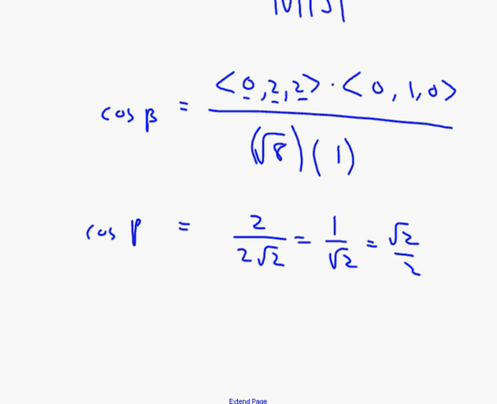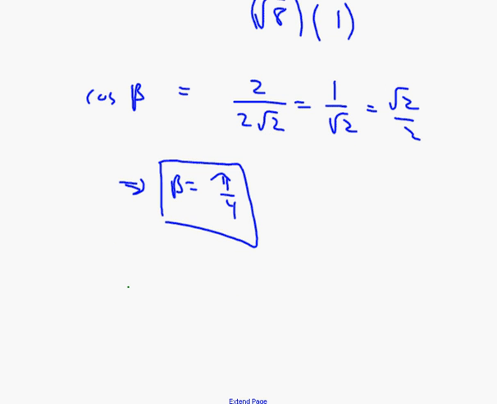But now we're saying, what's an angle whose cosine is square root 2 over 2? That means that the angle beta must have been pi over 4. Okay, so now we know that angle. And I'll tell you now that with a similar calculation, you'll figure out that gamma is also pi over 4.